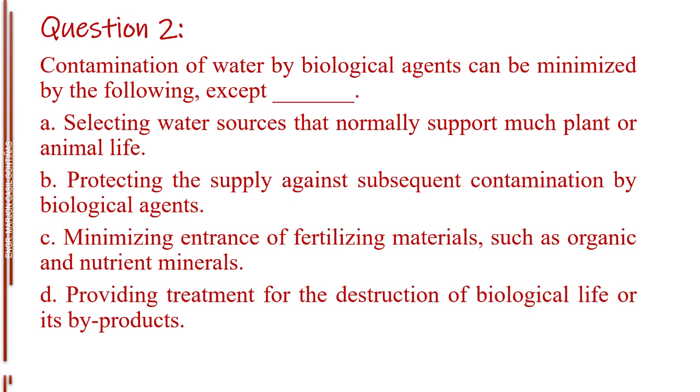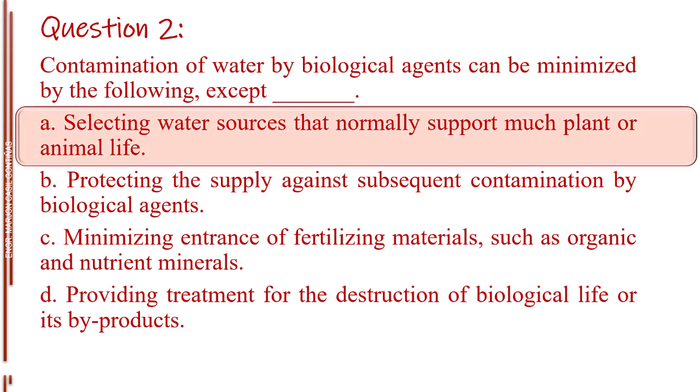Letter C, minimizing entrance of fertilizing materials, such as organic and nutrient minerals. Letter D, providing treatment for the destruction of biological life or its byproducts. The answer is letter A, selecting water sources that normally support much plant or animal life.